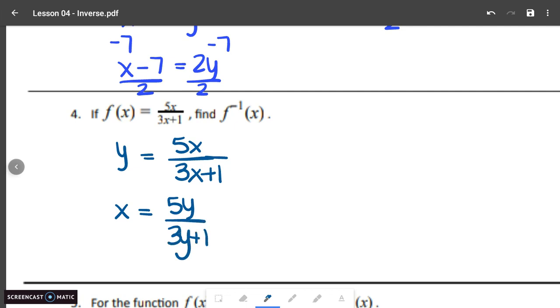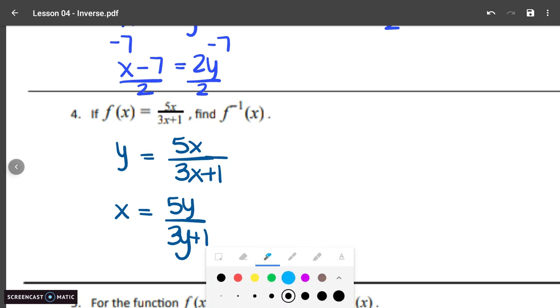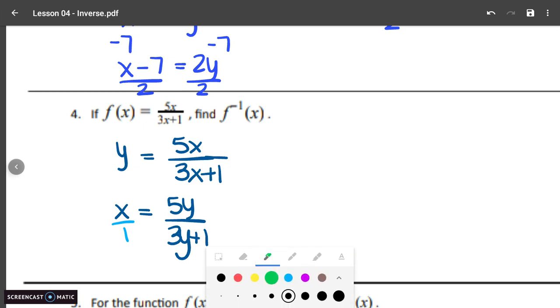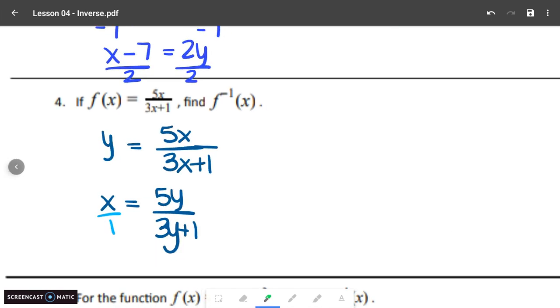So our goal somehow is to get y by itself. Remember, we can always stick this over 1, and we're going to cross multiply. And I'm going to have x times (3y plus 1) equal to 5y.